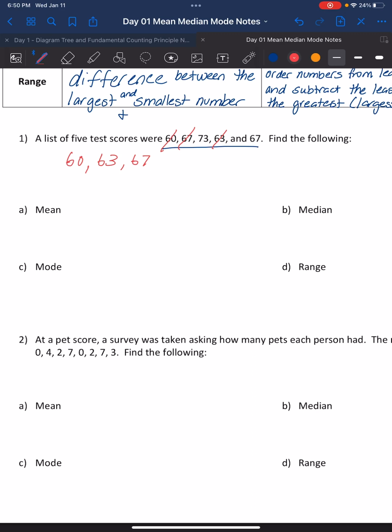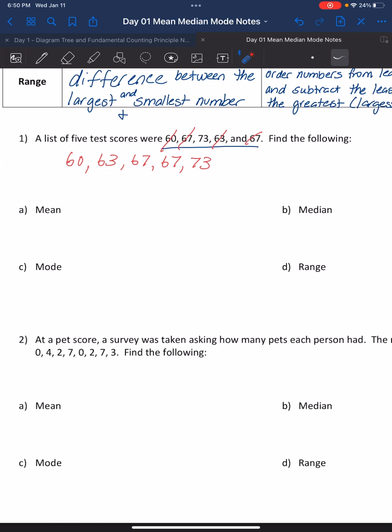If you said you need to write down both 67s, you would be correct, because each of those is a separate test score, and I need to make sure I incorporate every single person's test score in my data set. It says I have 5 test scores, so I should have, hold on, 1, 2, 3, 4, 5.